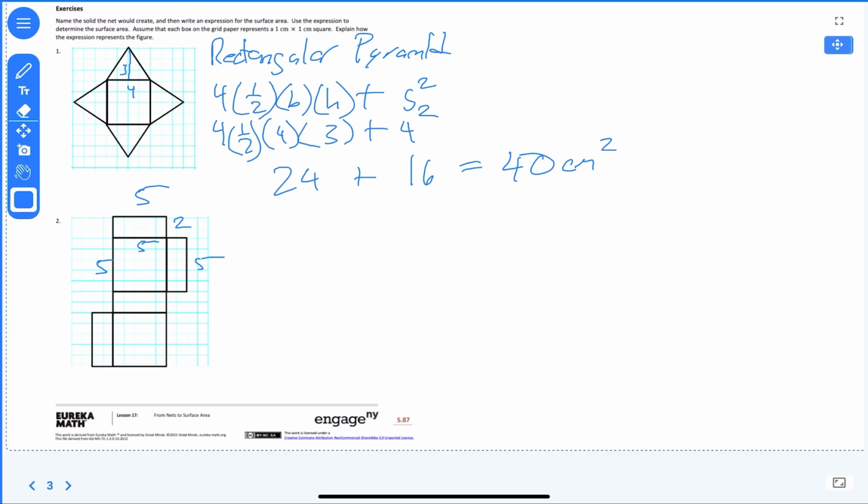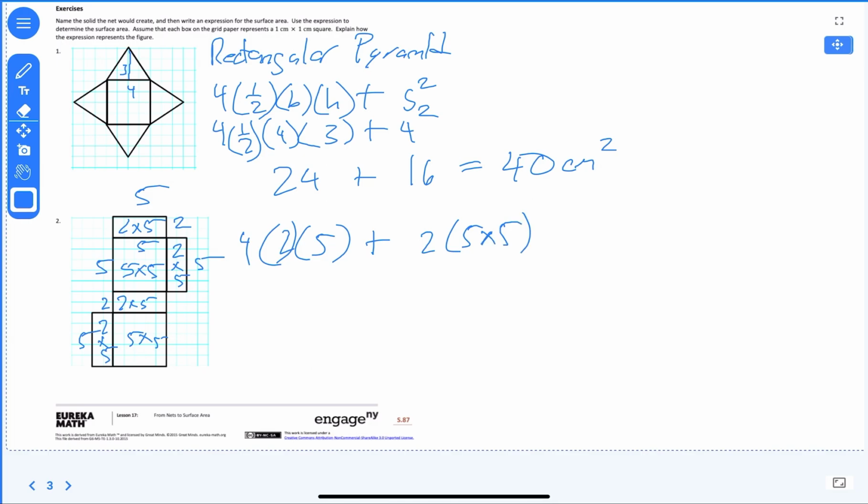We got a 2 by 5, 2 by 5, 2 by 5, and 5 by 5, and a 2 by 5. So how many 2 by 5s do we have? 4. And then how many 5 by 5s do we have? 2 5 by 5s.